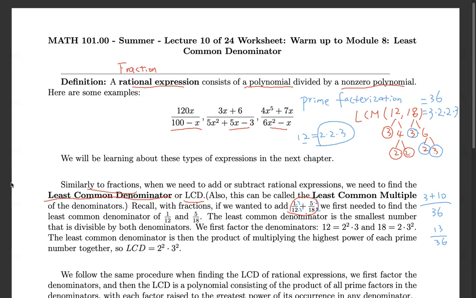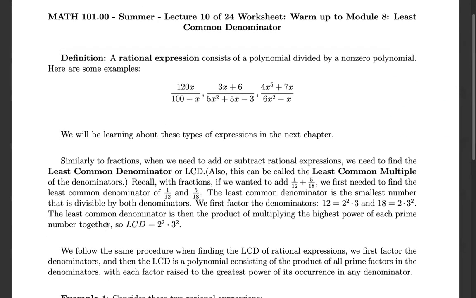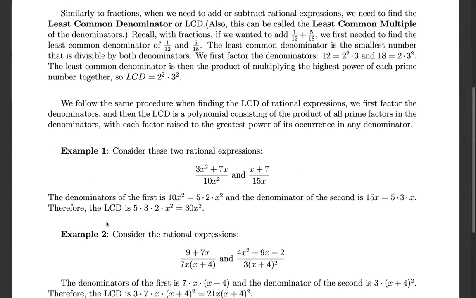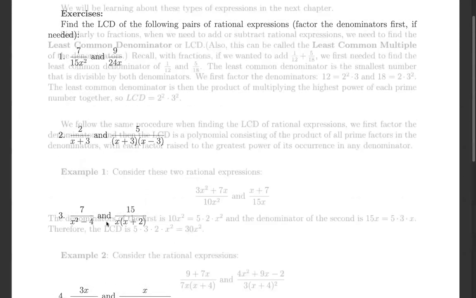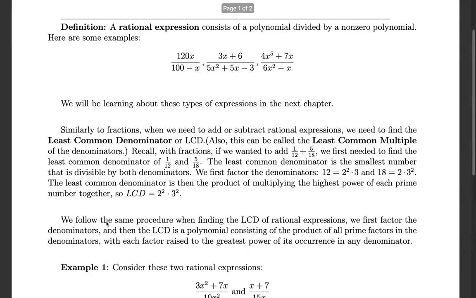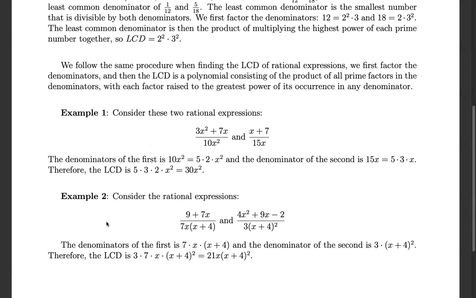So similarly, we're going to do the same thing for rational expressions. Let's see this example.